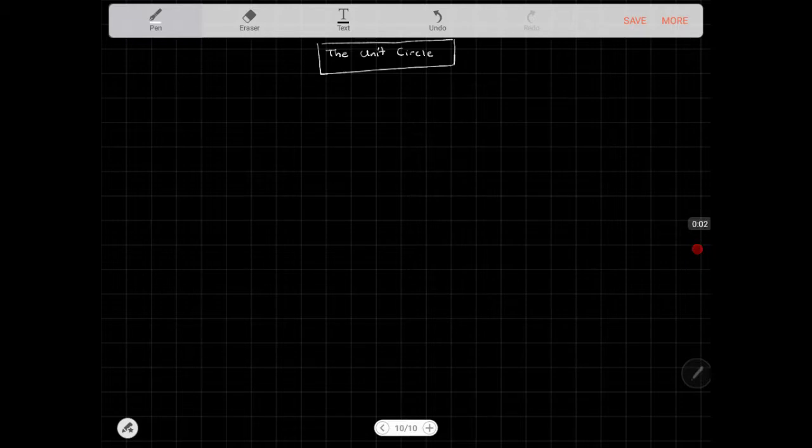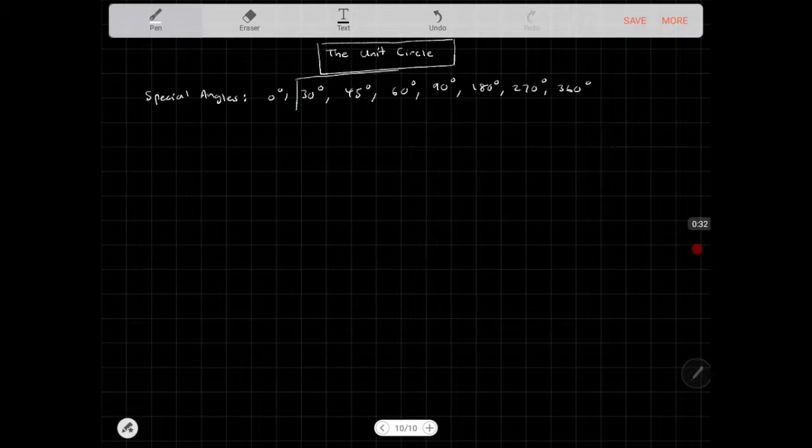Earlier we said that our special angles were angles where the trig functions would give us ratios that we would know the exact values of. The special angles we discussed were 0 degrees, 30, 45, 60, 90, 180, 270, and 360 degrees. Out of this entire set, we just looked at 30, 45, and 60, and we identified them using the special triangles.